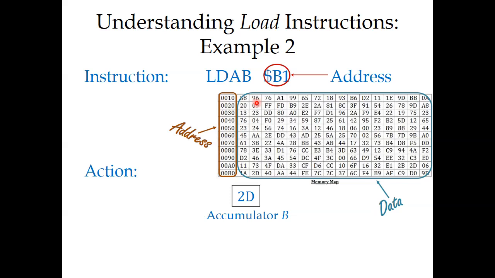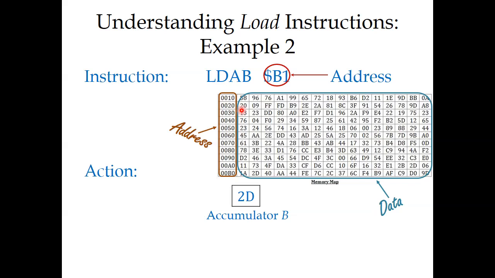Exactly, 0011. Now let's read it. 0012, 0013, 14, 15, 16, 17, 18, 19. What is the next one? 1A, because this is hex reading, right? Then it is 1B, 1C, 1D, 1E, 1F, and right after 1F, you have 20.